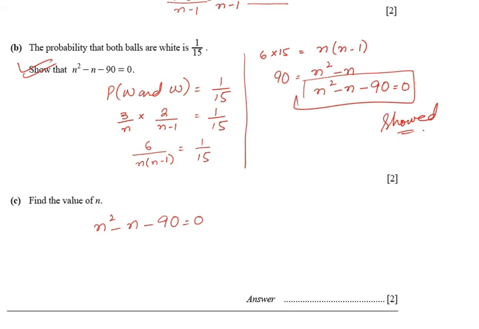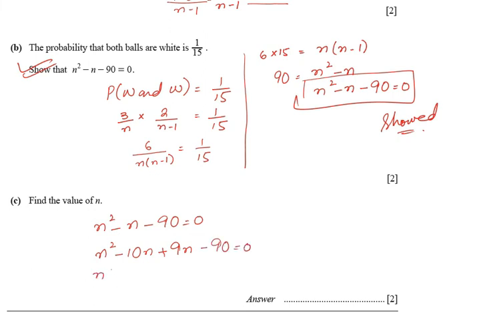So 10 times 9 is 90 and 10 minus 9 is equal to 1. So if we substitute these two factors here, it should be minus 10n and plus 9n. We will keep the negative sign with the bigger number. So when we subtract, we will get the sign of the middle one. Minus 90 is equal to 0.